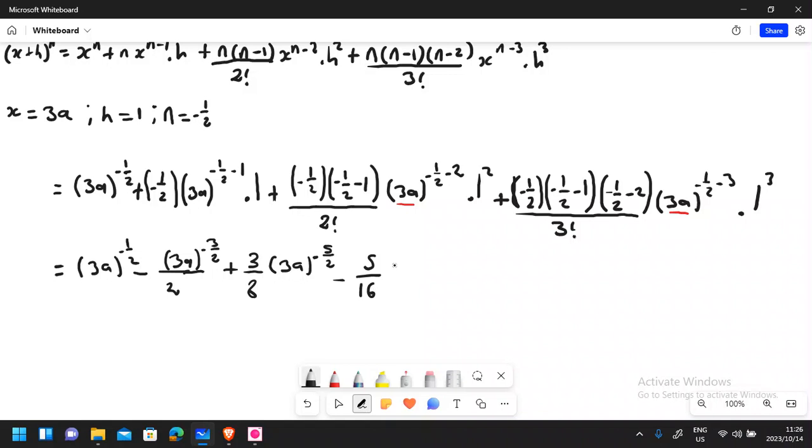Now, what about 3a? So 3a, if we minus here, let's look at our exponent. It's going to be negative half minus 3. So this is going to be 3 and a half. So in terms of fraction, 3 and a half is going to be 7 over 2. But don't forget, this is going to be a minus.